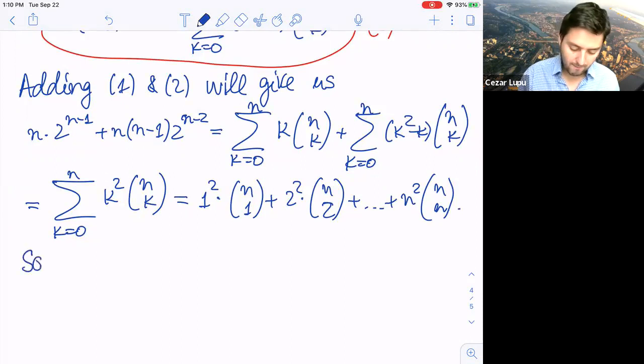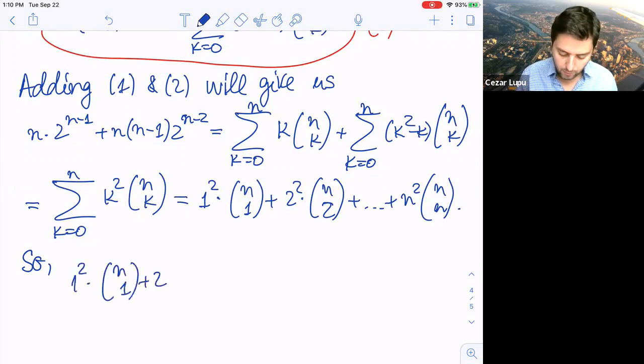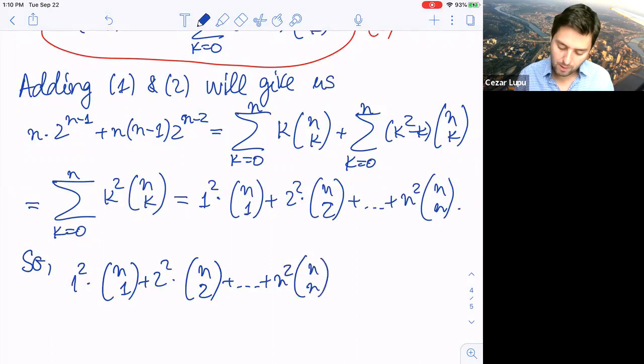So let me write it again. We have that, and we can factor here some numbers. So 1 squared times n choose 1 plus 2 squared times n choose 2 plus n squared times n choose n is nothing else than, if you factor this guy there, anyway, this would be what?